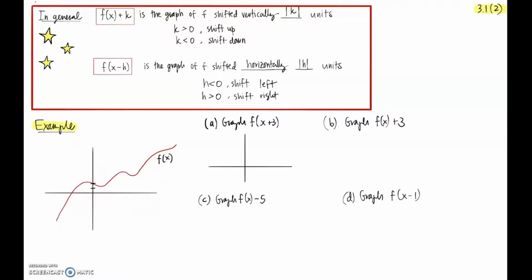So the rule is when you add a number, it actually shifts things left. Okay, so we are going to take this function and shift it 3 units to the left. So here I have the parent function, and I'm going to just take it and shift it to the left 3 units.